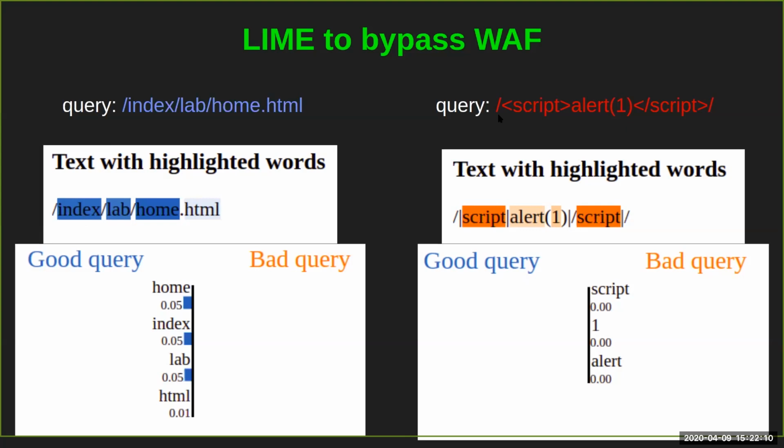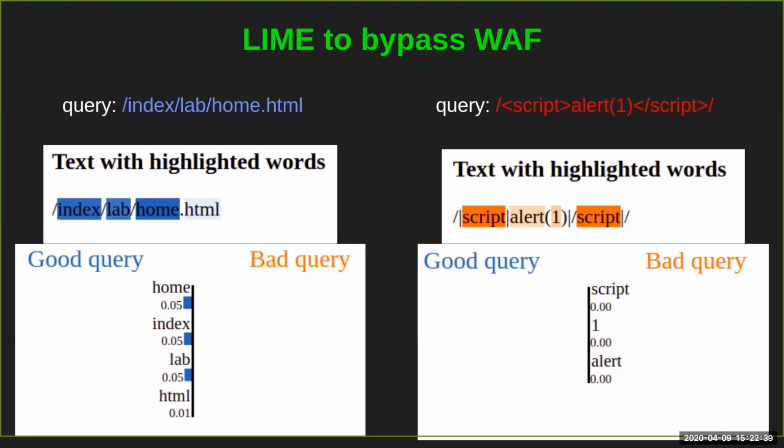In this particular query, you can see that there is XSS. This is an XSS query, and the model identifies the script tag and alert string inside the query, and those are considered bad strings by the model, and hence it classifies that as a bad query. So you can leverage this functionality of LIME to generate adversarial samples.